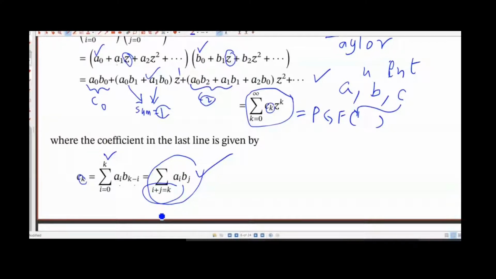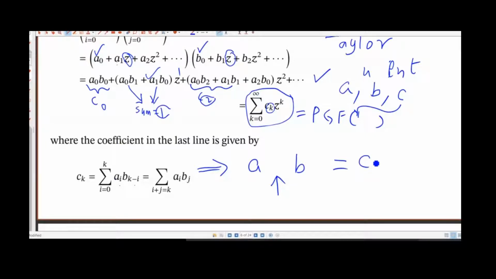Does this remind you of something? What is going on here? This means that I have two sequences and I did something between those two sequences to get a third sequence. What is that operation? Can anybody guess? You know it already.